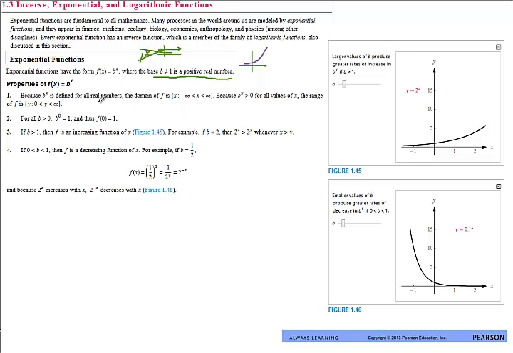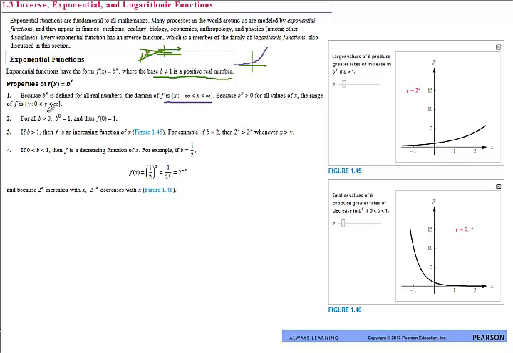They tell me that b to the x is defined for all real numbers, and the domain has no restrictions on x. I can put anything in. So the domain is negative infinity to positive infinity. And also, because it doesn't matter what exponent I put this positive base to, it's just never going to flip over that x-axis and become a negative y value.